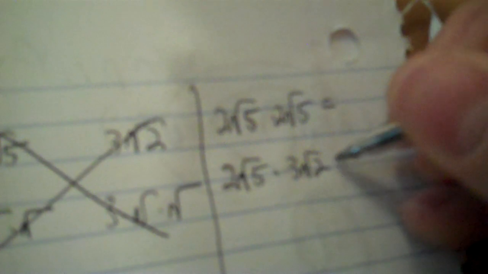So 2 square root of 5 times 2 square root of 5. Then 2 with its square root of 5 times 3 with its square root of 2. Then 3 square root of 2 times 2 with its square root of 5. Then 3 square root of 2 times 3 square root of 2.